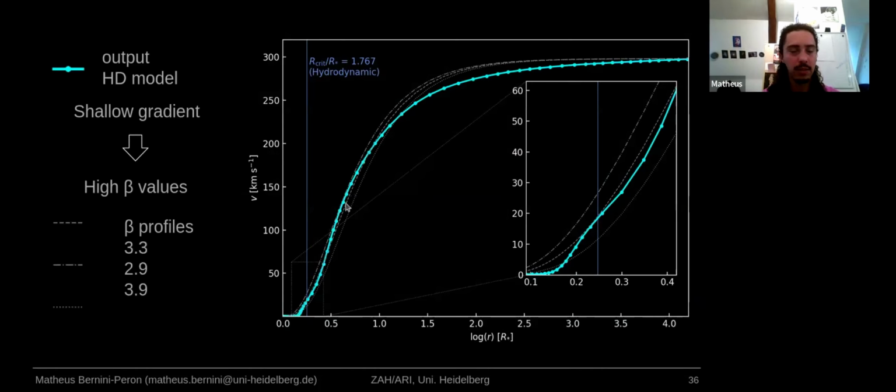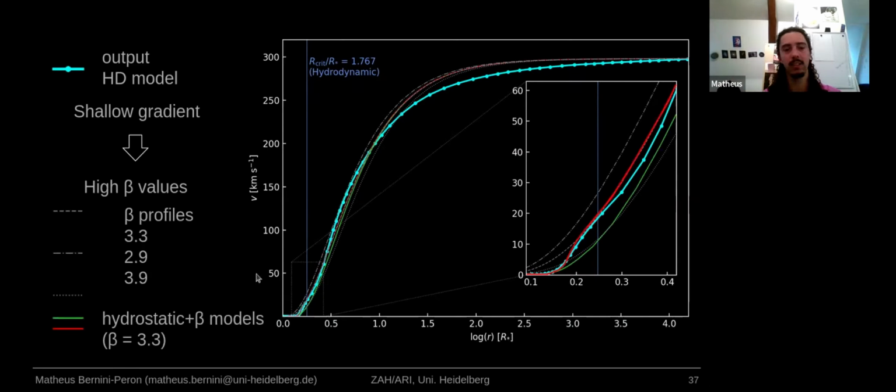This is what I'm illustrating here. I took this hydrodynamically consistent model, plotted theoretical beta values, and saw which one would fit our model better. We found something around 3.3, a very high value. Typical values for OB stars are between 1 and 2.5.